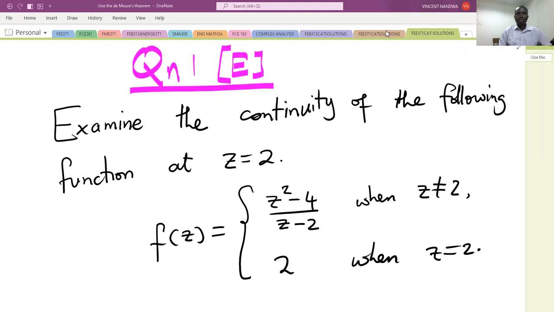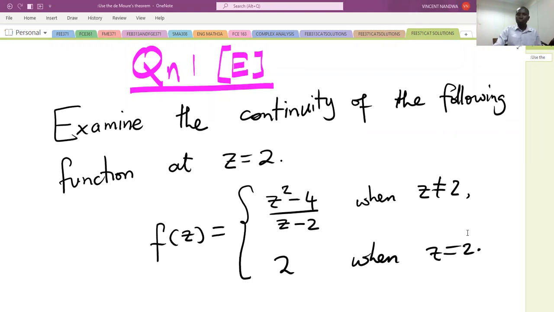So this problem is testing on test for continuity. We want to examine the continuity of the function f(z) at z = 2, where f(z) is given by (z² − 4)/(z − 2) whenever z is not equal to 2, and the value of the function at 2 is given by 2.